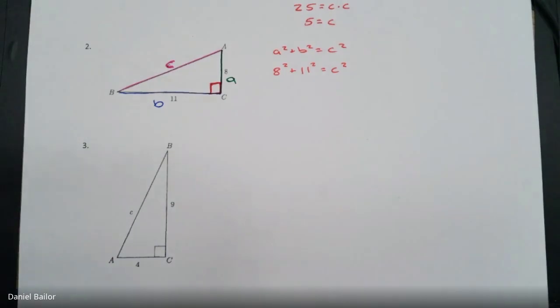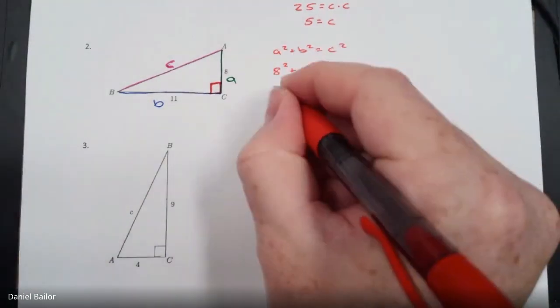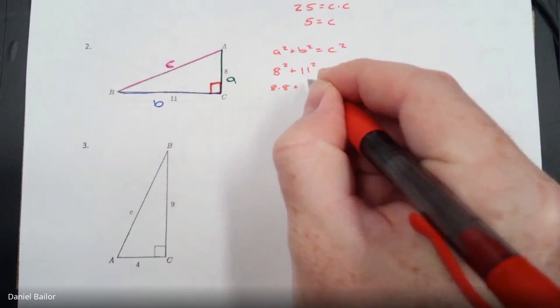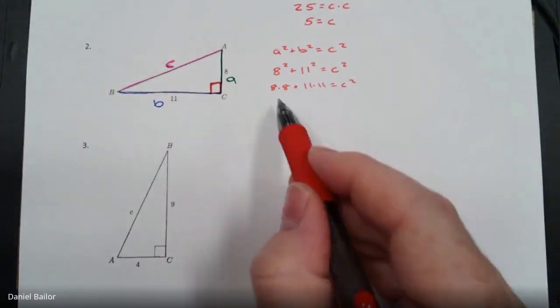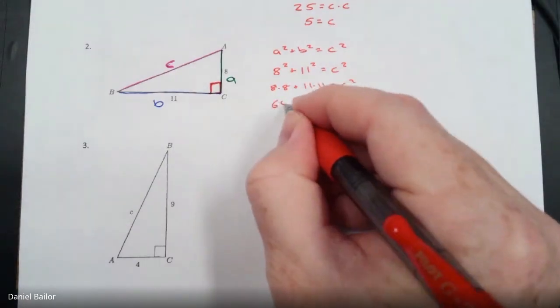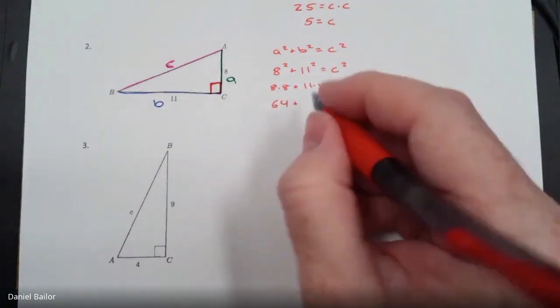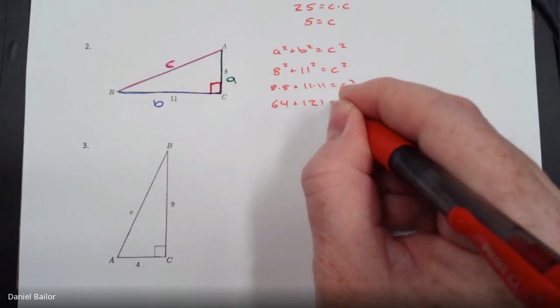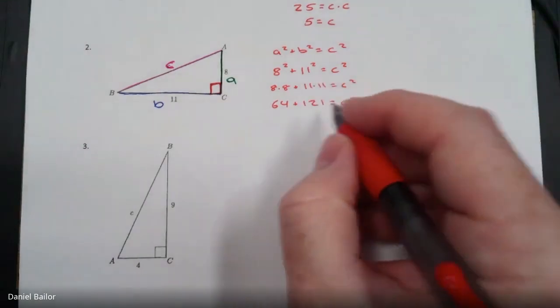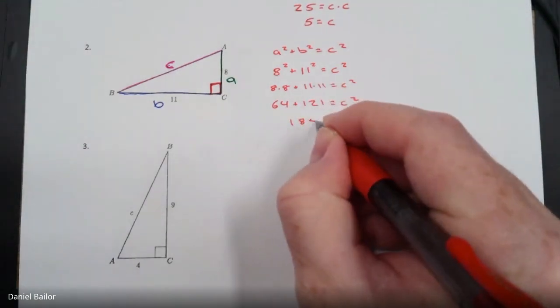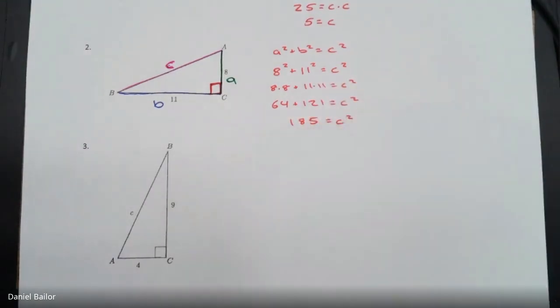Now it's exponent math. 8 squared means 8 times 8. 11 squared means 11 times 11. 8 times 8 is 64. 11 times 11, I hope you remember your math facts, is 121. So 64 plus 121 equals C squared. So 64 plus 121 is 185 equals C squared.